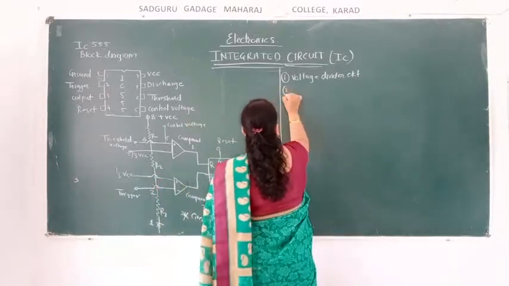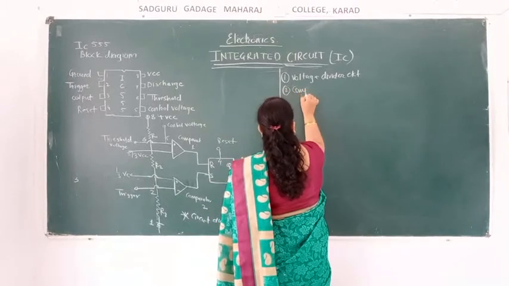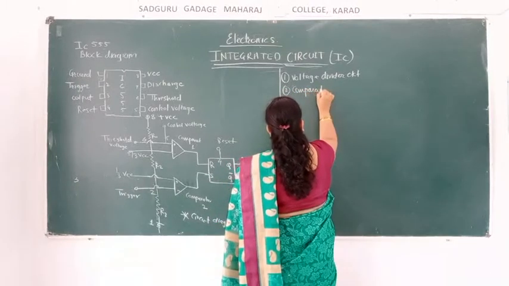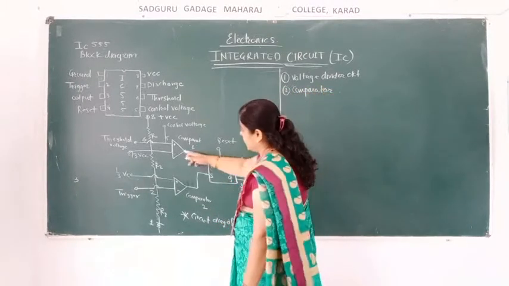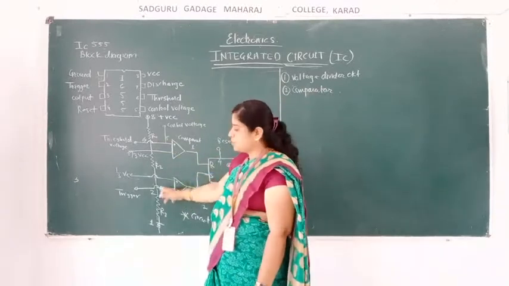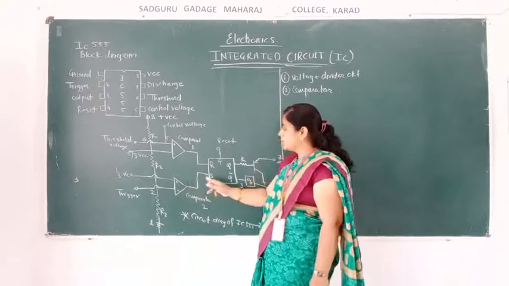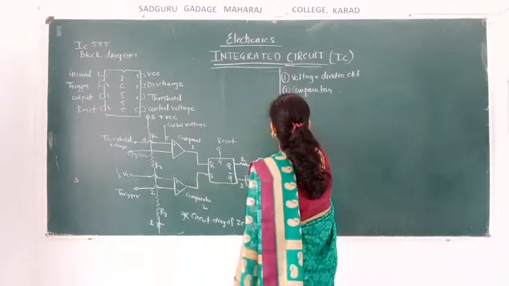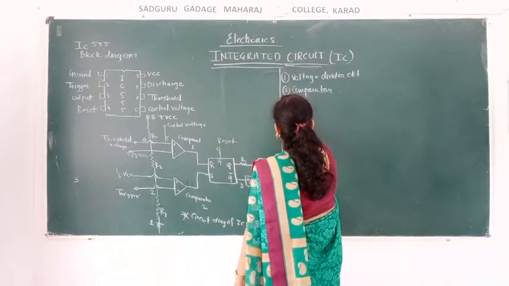Second circuit is what? The comparator circuit. Here two comparators are used. First, voltage divider circuit is used. Second, comparator circuit is used. And third is what? Yes, it is the flip-flop circuit.